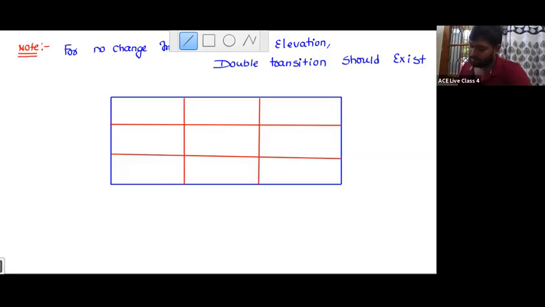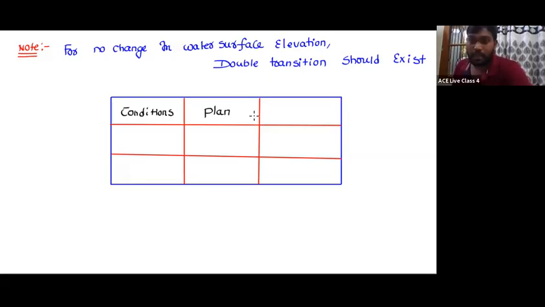Yeah. So what are those? Now let's see. Conditions in the plan view and in the elevation view.